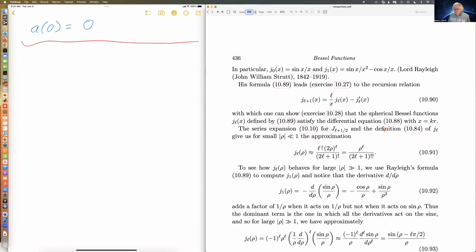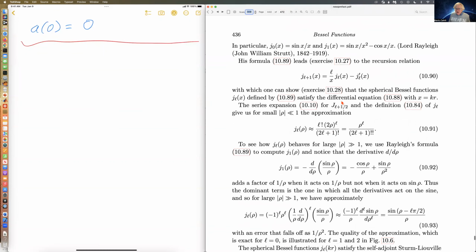And Rayleigh's formula leads to a recursion relation, which is a very simple recursion relation. And you can show from the recursion relation that the Bessel functions satisfy the differential equation.